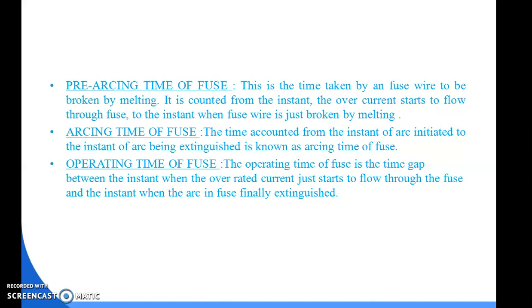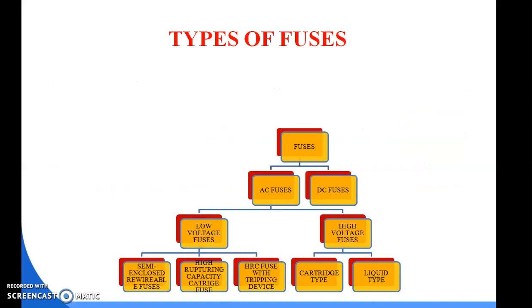The arcing time is the time counted from the instant the arc is initiated to the instant the arc is extinguished. Operating time of fuse is the time gap between the instant when the overrated current just starts to flow through the fuse and the instant when the arc is finally extinguished.